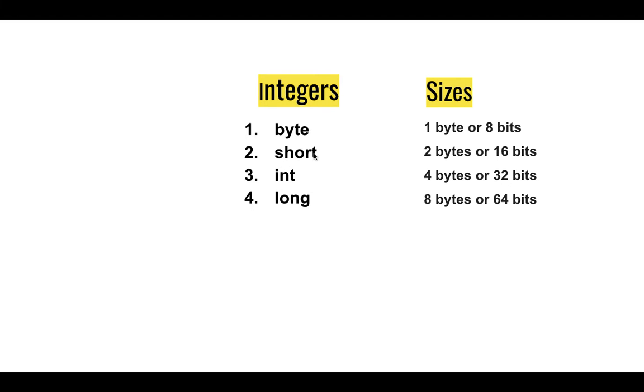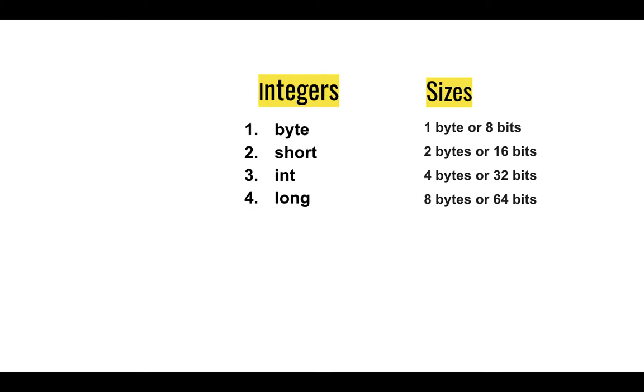Short: its size is 2 bytes, equal to 16 bits. This data type has 2 bytes of storage. We can store numbers between minus 32768 and plus 32767.